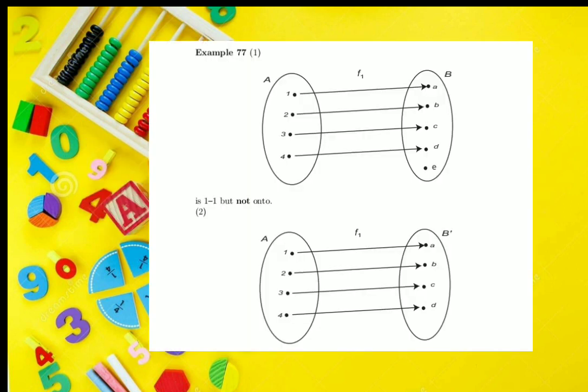Example 77. The first picture shows that the function is one-to-one but not onto. In the second picture, the function is one-to-one and onto. So f1 from A to B is a different function from f1 from A to B, even though the rule is the same.